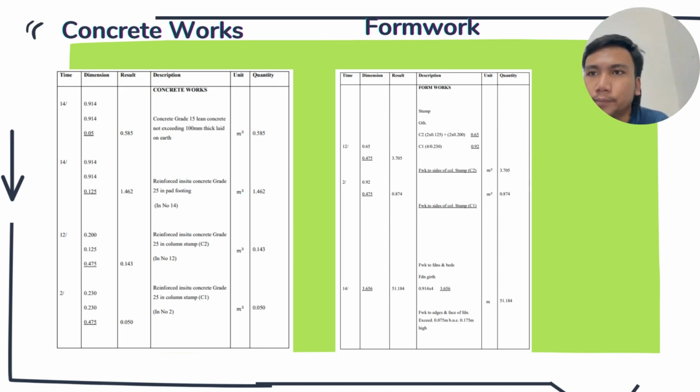For the formwork, for C2 the perimeter is 0.65, so 12 times 0.65 times 0.475 gives 3.705 meter square. And for C1, 2 times 0.92 times 0.475 gives 0.874 meter square.